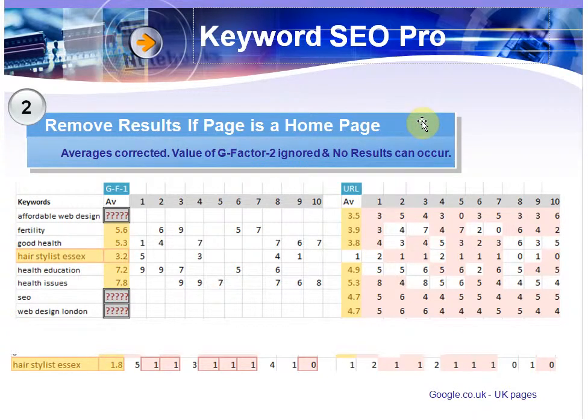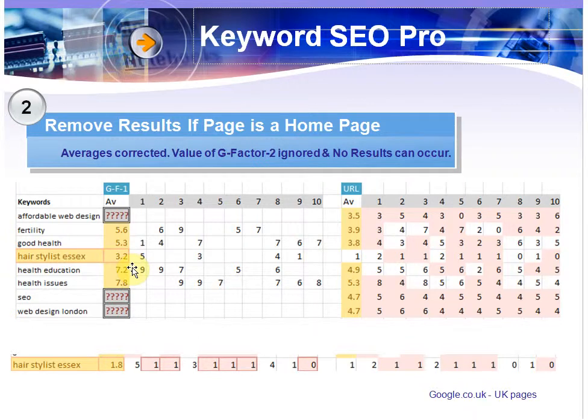In option 2, we have removed results for G-Factor 1 if the pages in question are home pages. The averaged G-Factor 1 results has increased, and if we look at hairstylist Essex, it has gone up from 1.8 with option 1 to 3.2 with option 2.